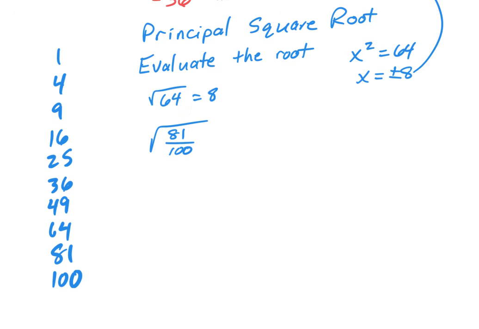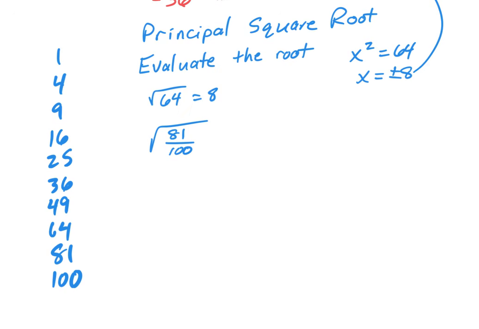Maybe you know more than that, but if I see anything in this list, I should immediately know, boom, that's a perfect square. We know this is 1 squared, 2 squared, 3 squared, 4 squared, 5 squared, all the way down to 10 squared. We have to identify those numbers.